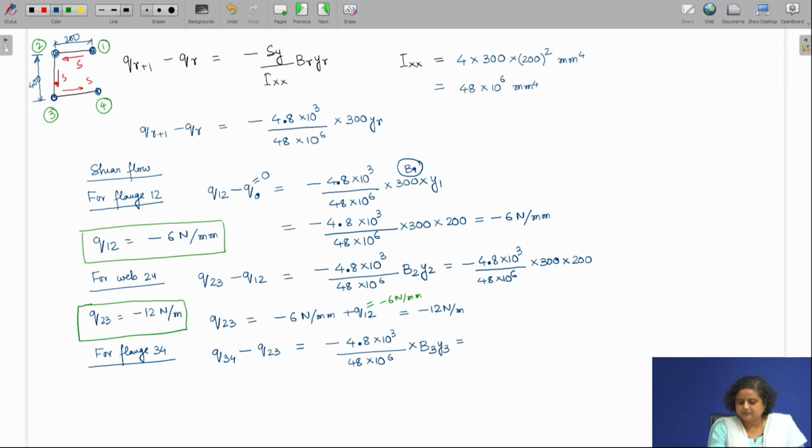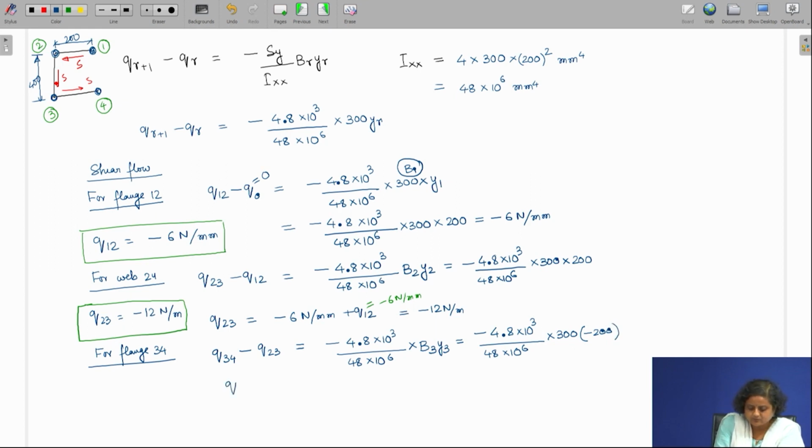So in place of B3 and Y3, I can write B3 is again 300 and Y3 is minus 200 since it is in the minus direction.